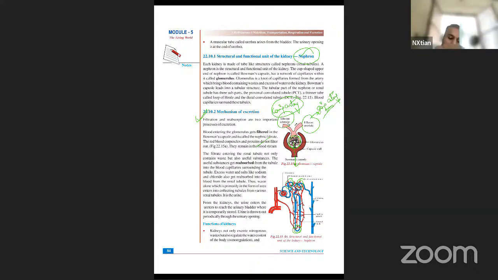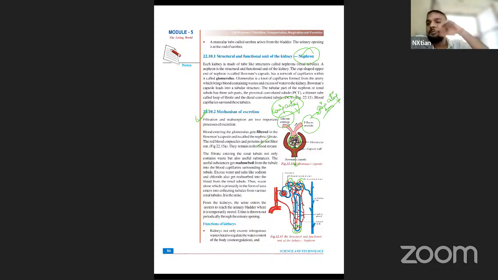So you can understand it like this: you understood the function or mechanism of excretion. Those minerals which are useful for the body get reabsorbed.